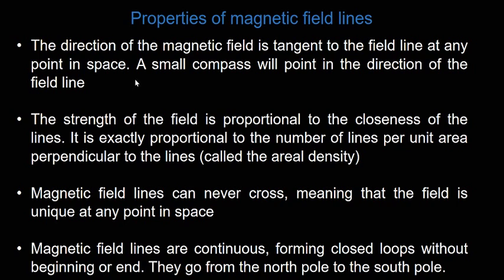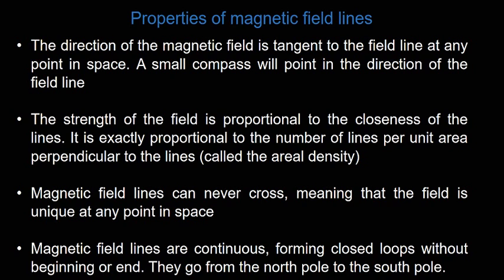If you want to find out the direction of a magnetic field vector using a compass, you just put a compass in a region of magnetic field, and the north pole of the compass gives you the direction of the magnetic field. The strength of the magnetic field is proportional to the closeness of the lines, that is, how dense these lines are. The density gives you the field strength of the magnetic field.